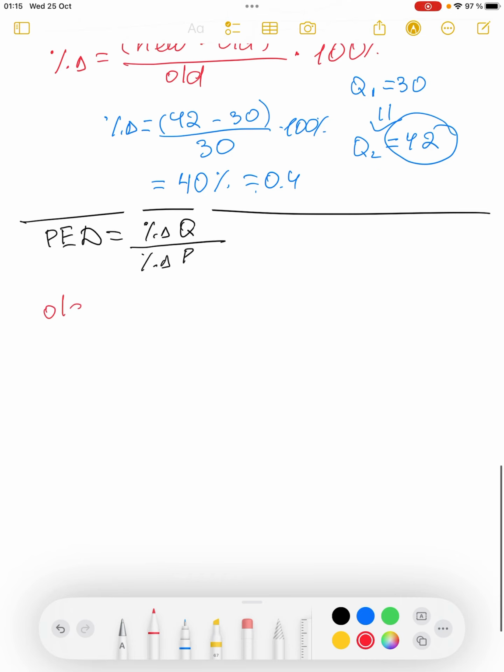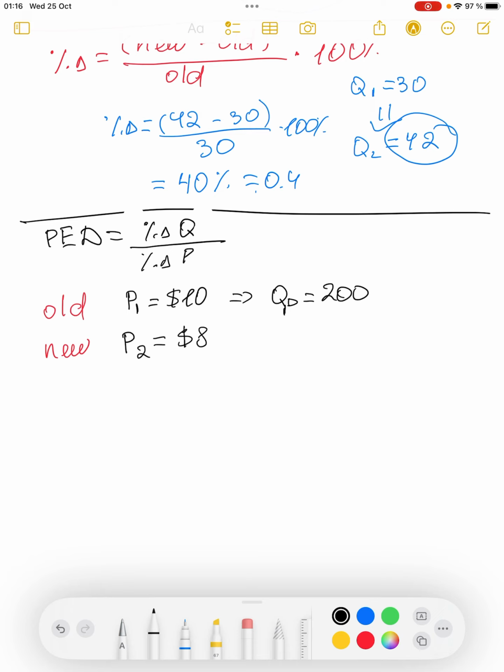So we have old values and we have new values. The old value, for example, was the original price of $10. And at that original price, the quantity demanded was 200 apples, for example. And the price has decreased, so it's now $8.